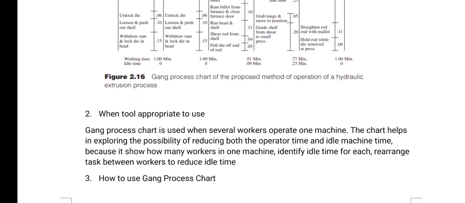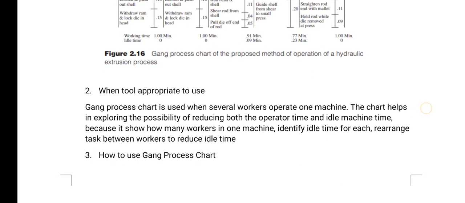And when is the time to use this chart? The gang process chart is used when several workers operate one machine, and the chart helps explore the possibility of reducing both operator time and idle machine time, because it shows how many workers are on one machine, identifies idle time for each, and rearranges tasks between workers to reduce the idle time.